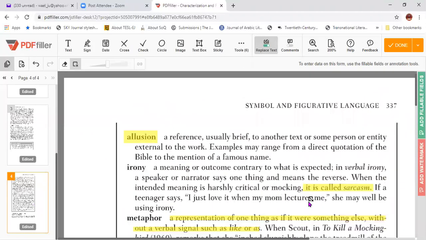So today, let me just wrap up this class and say the following. First of all, we talked about the three types of narrators: the third person narration, the first person narration, and the second person narration. For the third person narration, we said that we use the pronoun he or she or they. And this kind of narration is divided into three: omniscient, limited, and objective, okay?